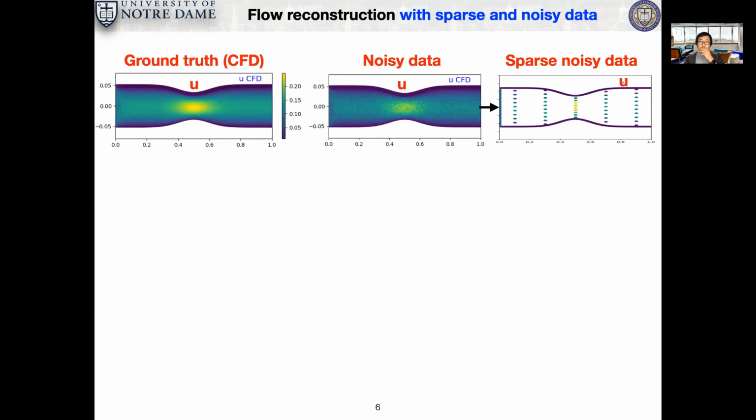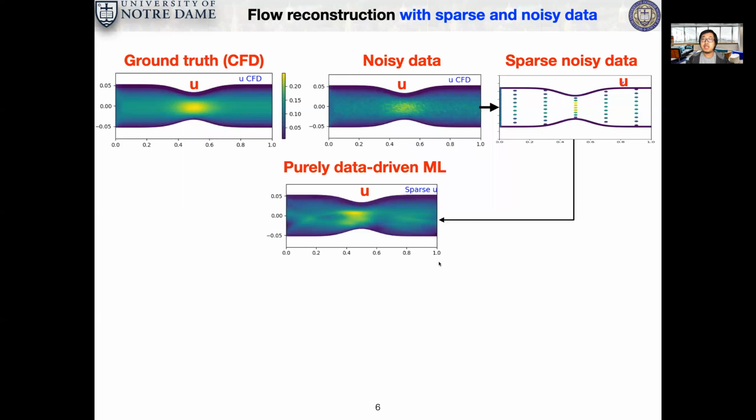So, for example, here we want to reconstruct the flow field of the stenosis vessels, like this one, using this sparse and noisy flow measurement. It is quite sparse and also noisy, and this is the ground truth.